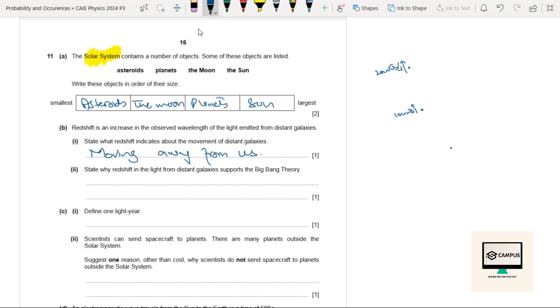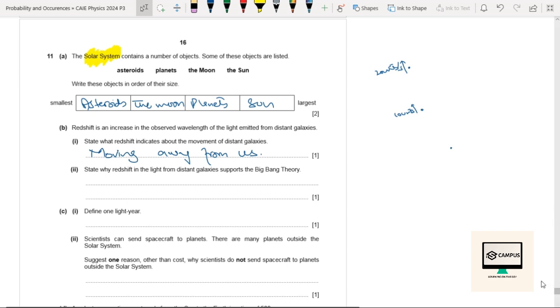That means this thing is redshifting from it. It's moving away from us at a higher rate. If this is also moving at 10 units per second, then obviously we are relatively stationary. And if the speed is lower than 10 units per second, then it would be blueshifted, or moving closer towards us.